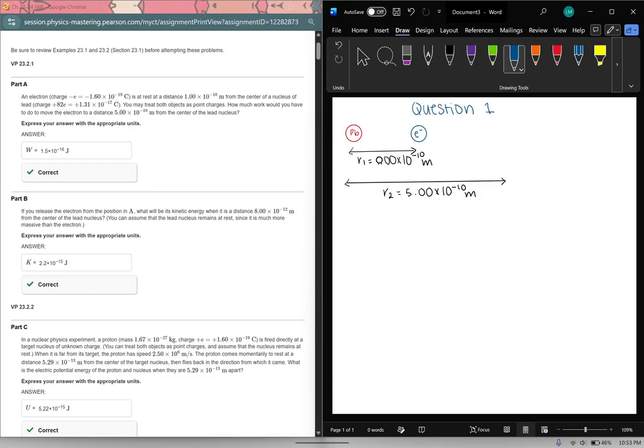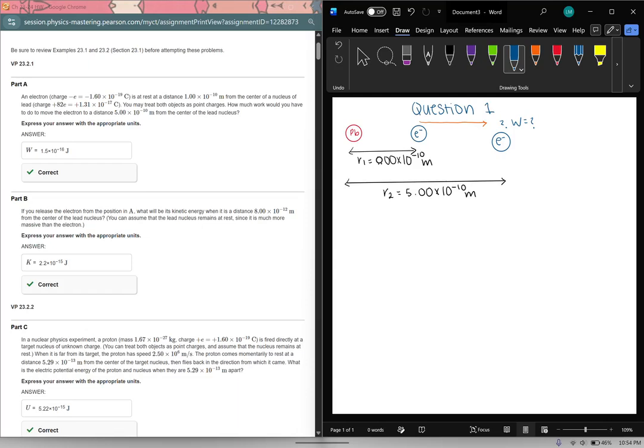What we're trying to find is how much work it would take to move the electron away from the lead nucleus, so how much it would be if we pushed it here. So W equals work.